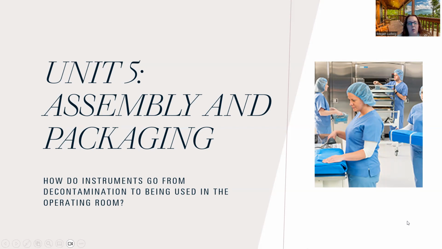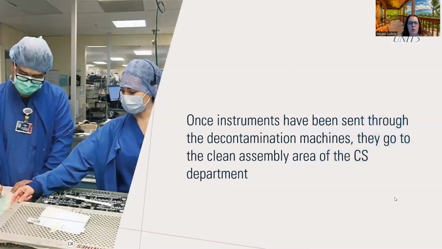After you've taken it out of those 3-sink scrubbing process, it has to go through the washer decontaminator so it's safe to handle with bare hands. I think some of you may have forgotten that step. So it has to go through that particular decontamination machine, and then it comes out on the other side, usually is how it's set up, into the clean side of the sterile processing department.